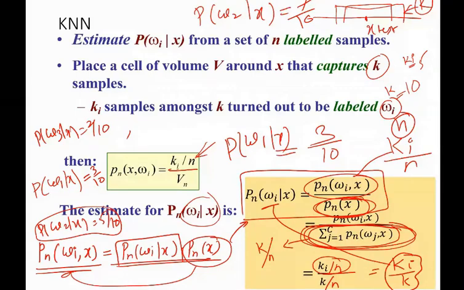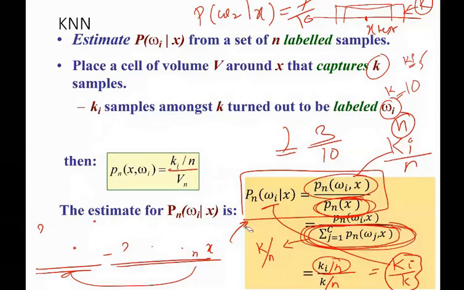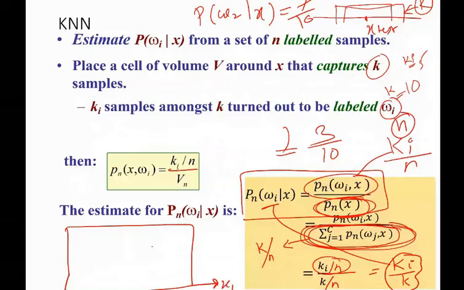So in a nutshell, what we have to do is simple. In raw language, if I take a two-dimensional example, suppose this is the x1 feature and this is the x2 feature, and this is my x test.